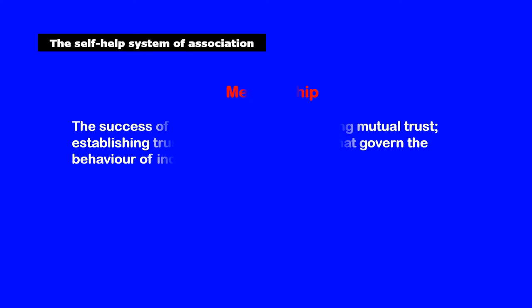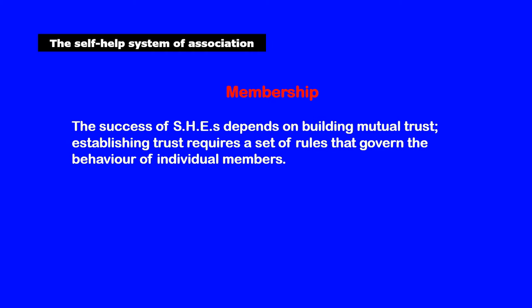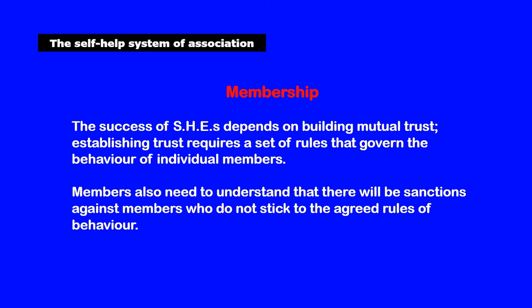If SHEs are to succeed, members need to know that the benefits gained from their mutual action will outweigh the hassle that is often associated with working together with others. The success of SHEs depends upon building mutual trust. Establishing trust requires a set of rules that govern the behaviour of individual members.